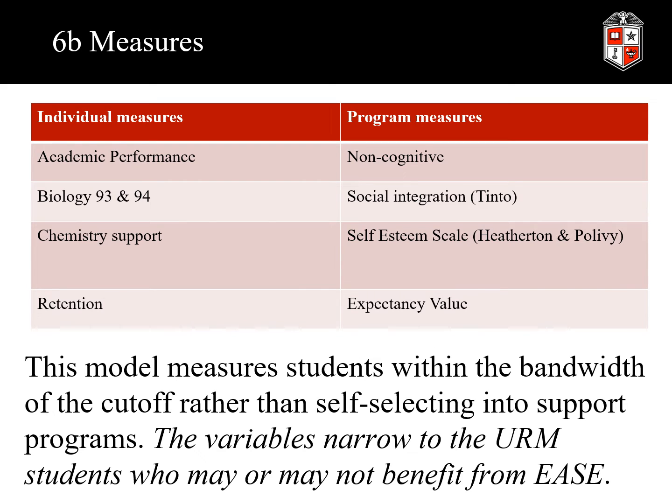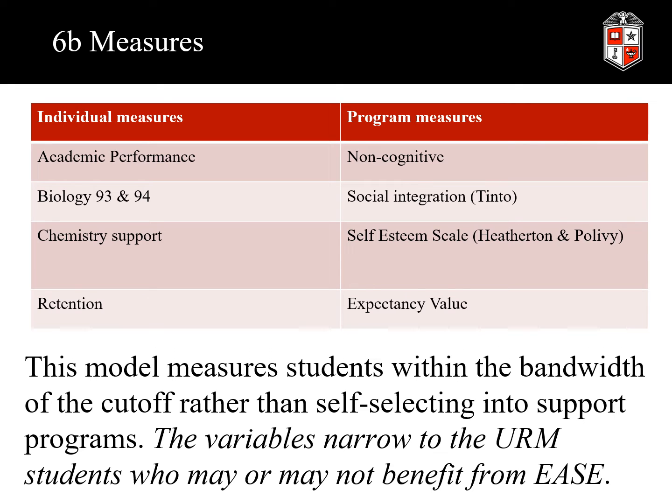This model measures students within the bandwidth of the cutoff rather than self-selected into support programs. The variable measures the underrepresented minority student who may or may not benefit from EASE.